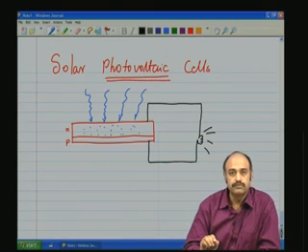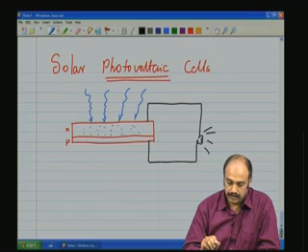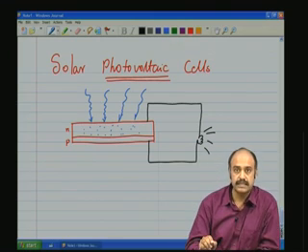This is the principle of the photovoltaic cell, in its most simplistic form.